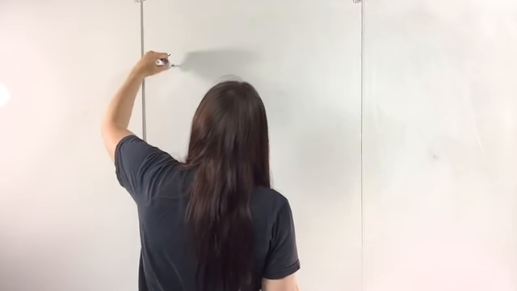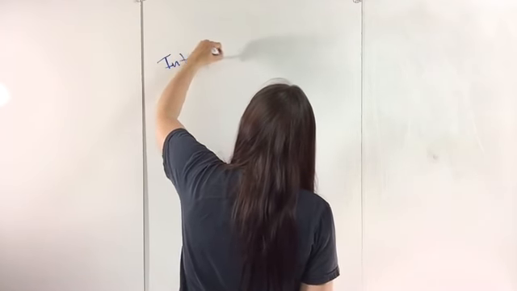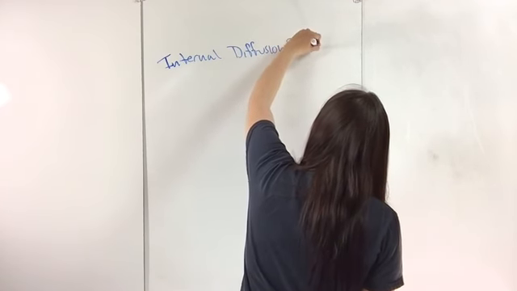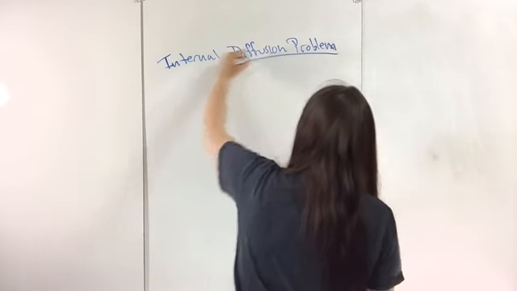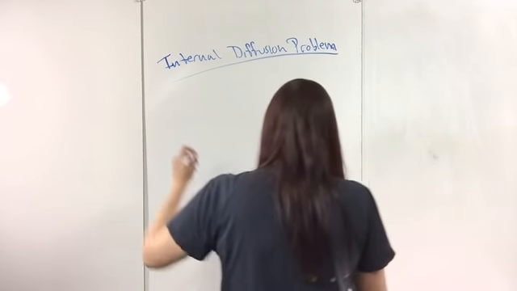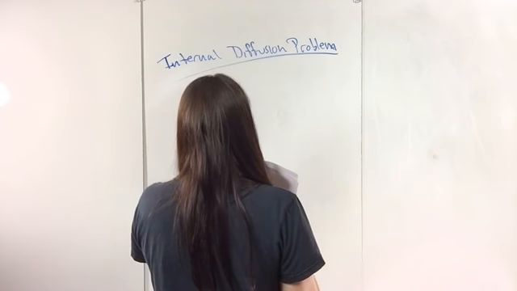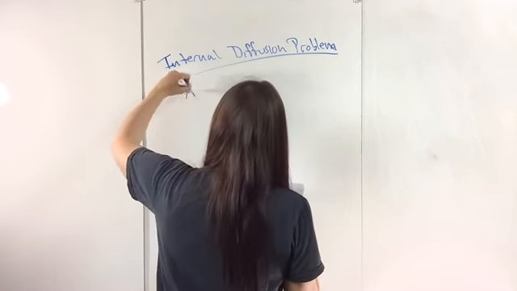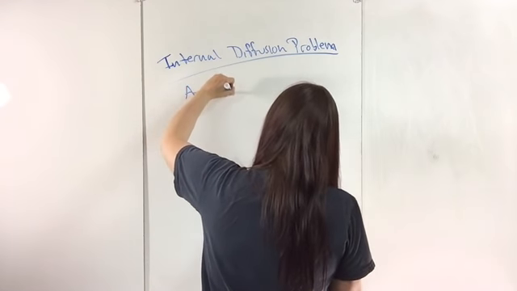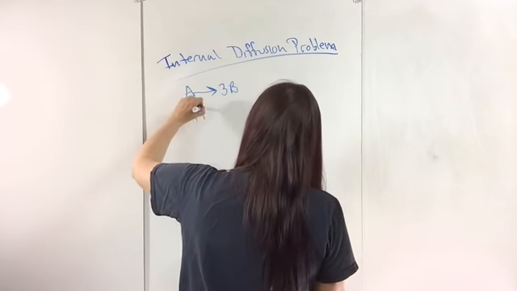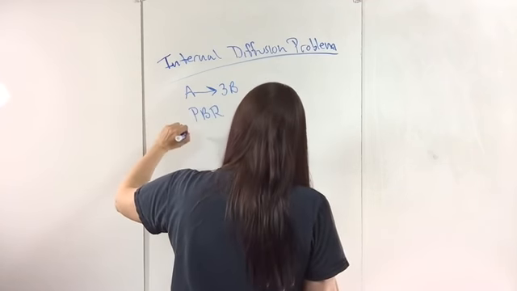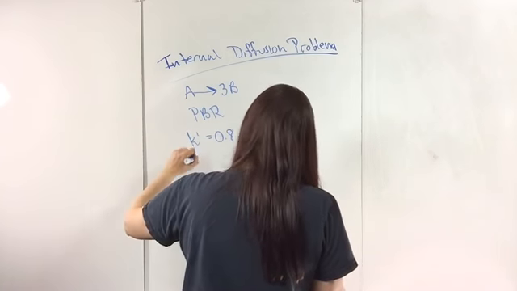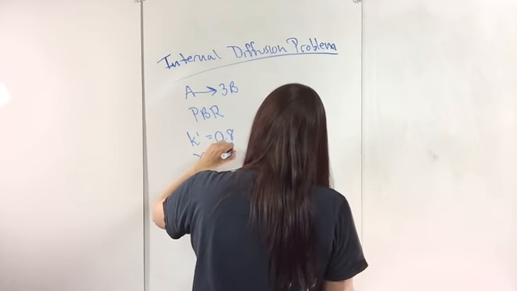This is an internal diffusion problem. So you have A goes to 3B. It's in a PBR. Your rate constant is 0.8. X is 0.75.